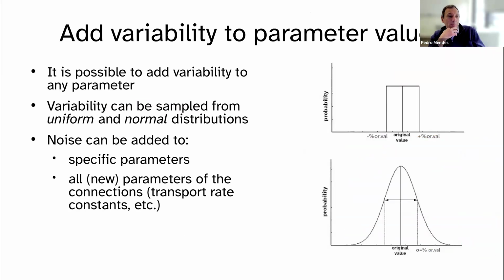Then, if you remember, I mentioned my original program from 20 years ago would also allow you to have some parameters be distributed in some kind of distributions. We also allow that to happen. Parameters can be varied according to either a uniform or a normal distribution. So you can give it the variability that you allow for certain parameters, so they can make the units not exactly replicas, but slightly different.